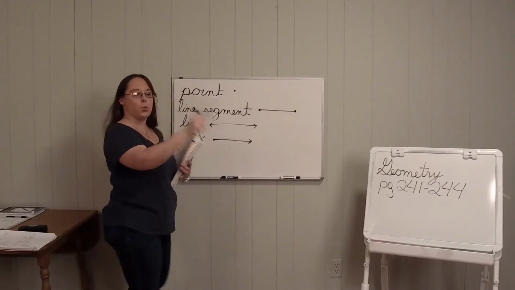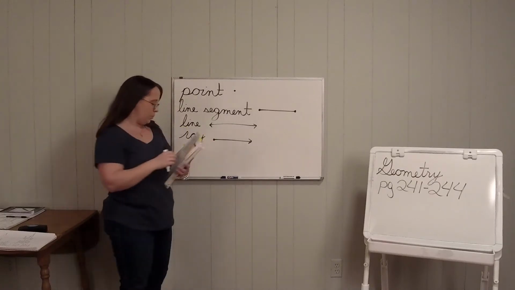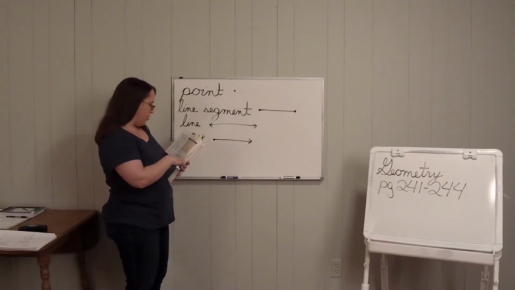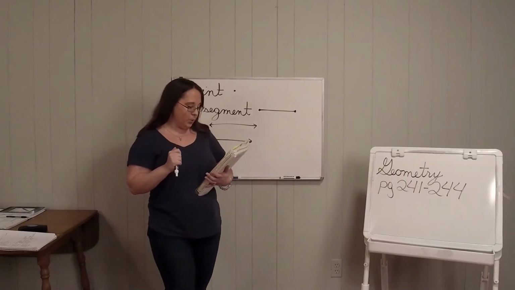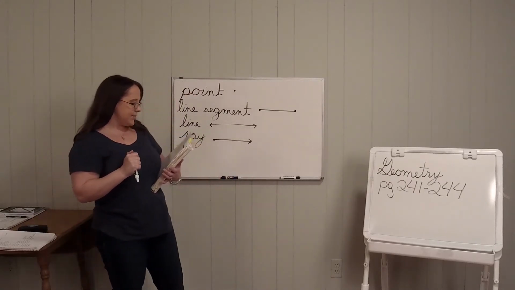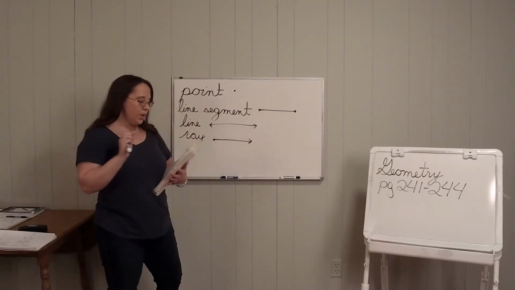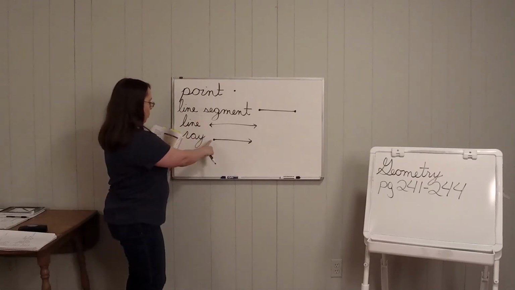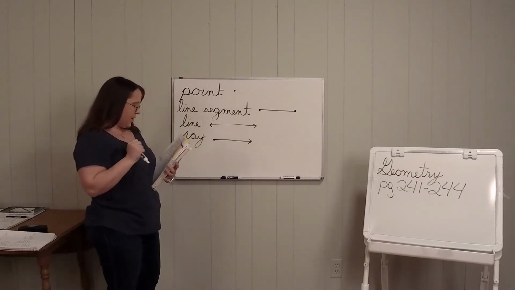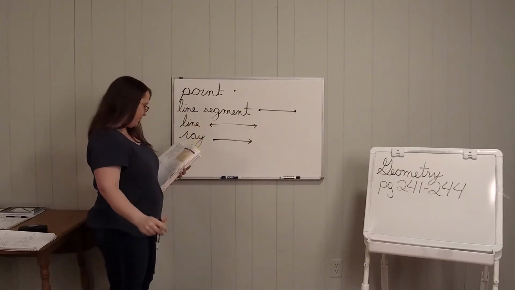It only goes in one direction continuously. It does have one endpoint. So, a line is represented by a group of points having no endpoints. A line extends indefinitely in two opposite directions. A ray is represented by a group of points having one endpoint, and it goes infinity in one direction, just goes on forever.